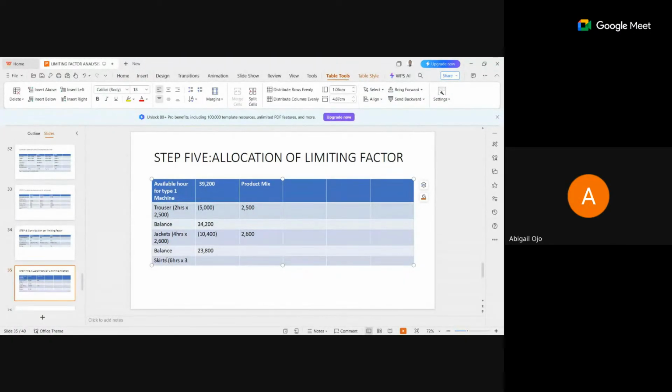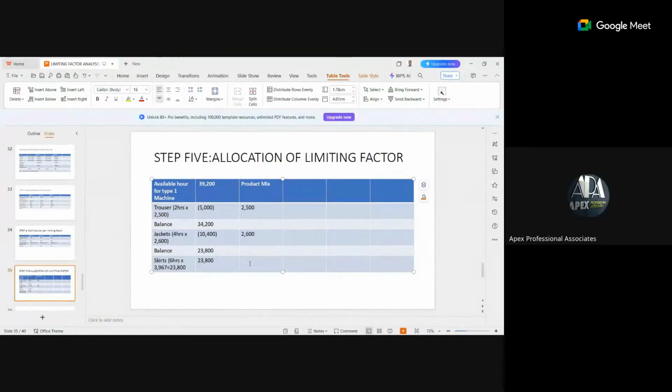That'll be 3,966.67, approximately 3,967. So the balance will still be 23,800. 6 hours multiplied by 3,967 gives 23,802.